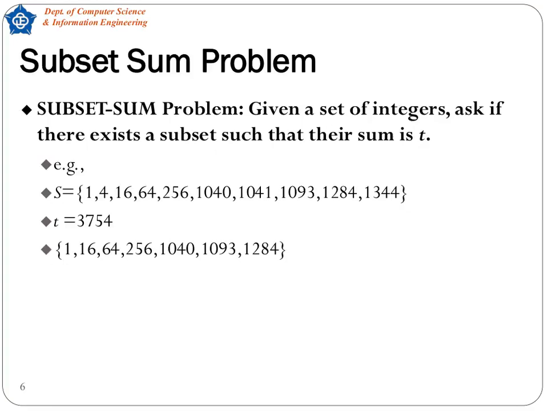One valid solution is the subset 1, 16, 64, 256, 1040, 1093, 1284, which indeed sums to 3754. This decision question, does such a subset exist, is at the heart of the subset sum problem.